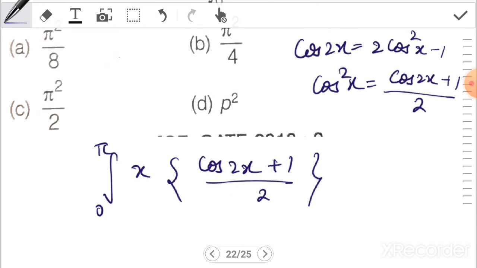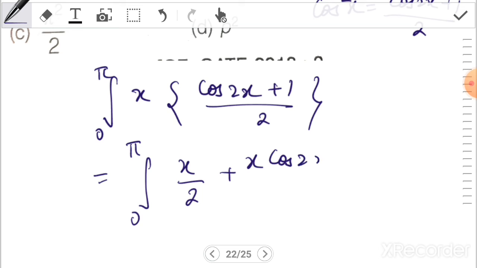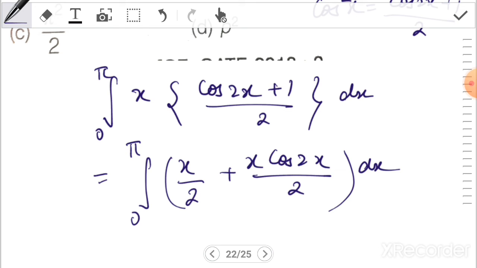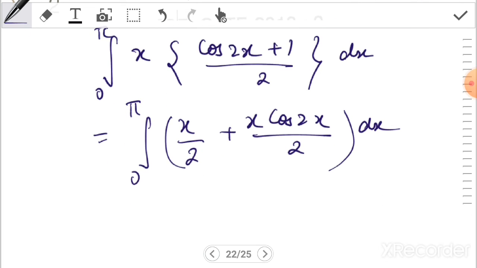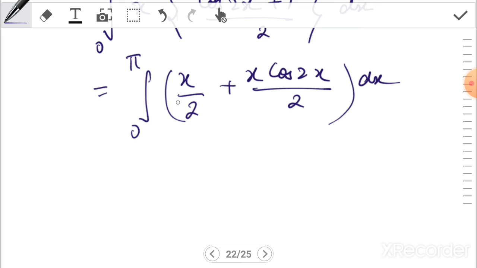Yes. Now this becomes 0 to pi x by 2 plus x cos 2x by 2 dx. Yes. Again, if you integrate this, you can separate this.